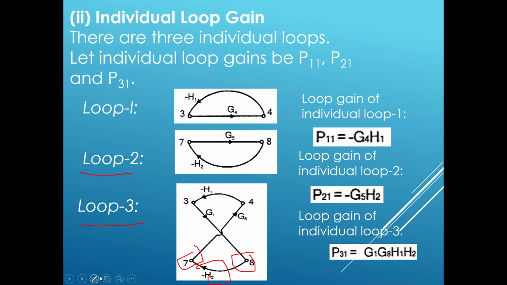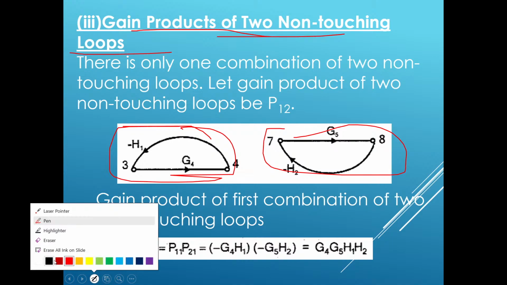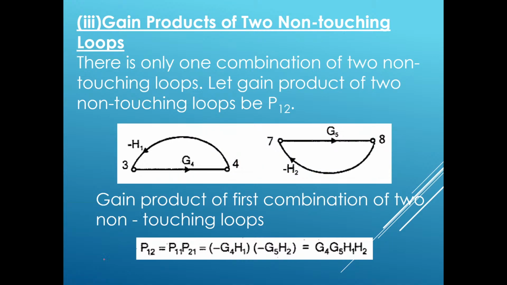So they are also touching. So the only combination of non-touching loops here is the 3, 4 loop and the 7, 8 loop. This loop and this loop are non-touching loops. So there is only one combination of two non-touching loops.